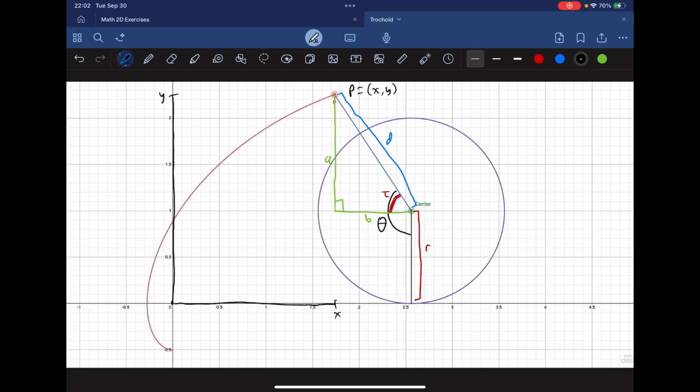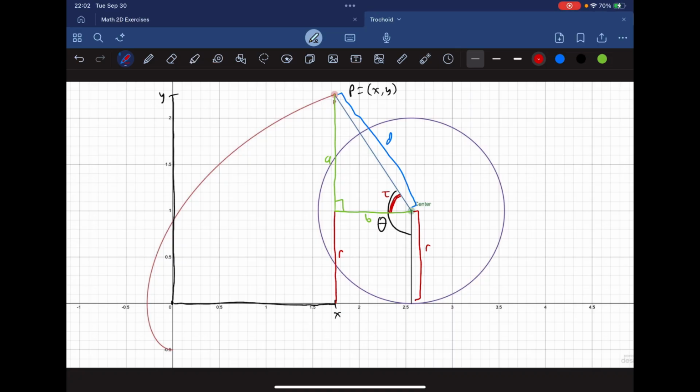Okay. So why am I bringing this up? Well, first thing to notice is that we can express y as this length A right here plus, and this is where we have to do a bit of thinking, if we think of taking this radius here from the center to the edge of the circle and just dragging it over here, so it's just underneath this green line labeled A. And let me go ahead and draw a copy of that line right here for us.